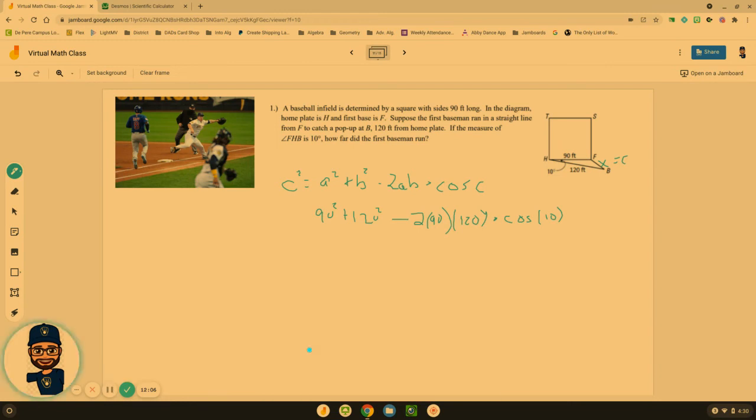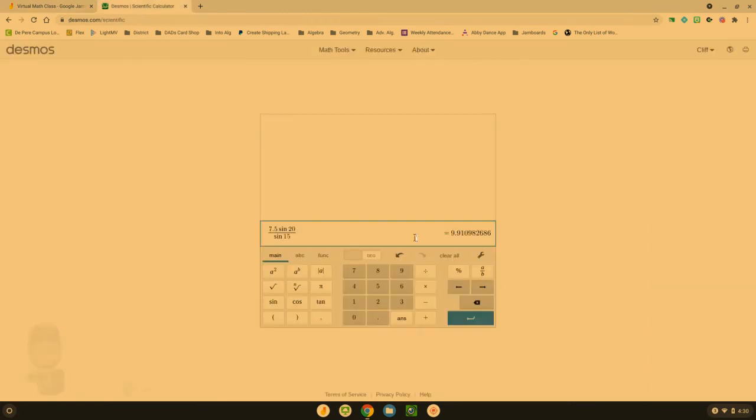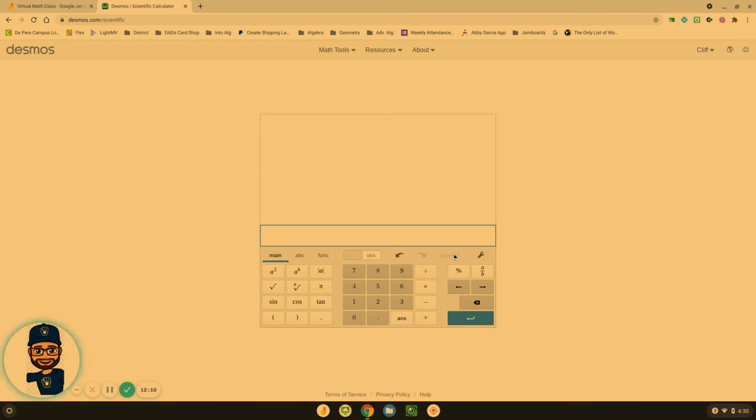So once again, we're going to go back to Desmos. This one's a little bit harder for us to maybe plug in. 90 to the second plus 120 to the second minus 2 times 90 times 120 times the cosine of 10. So notice how that is plugged in, right? That's very, very particular.